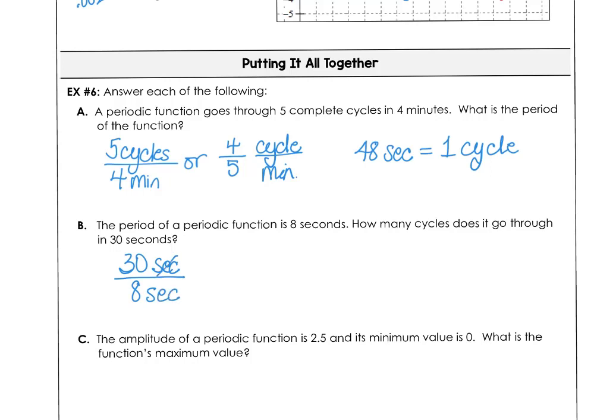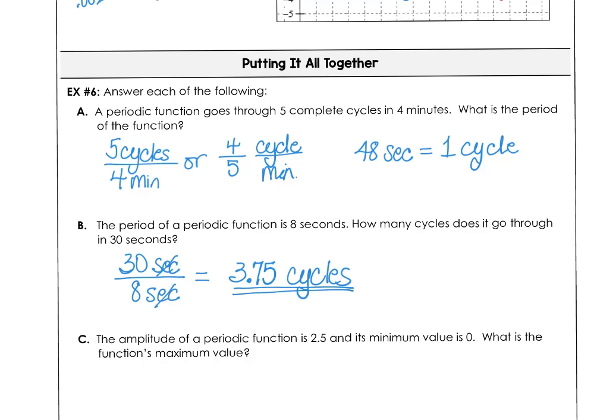So 30 seconds divided by 8 seconds, the seconds go away, and 8 divides 30, 3 3/4 times. So we get 3 3/4 cycles are completed in that 30-second interval.